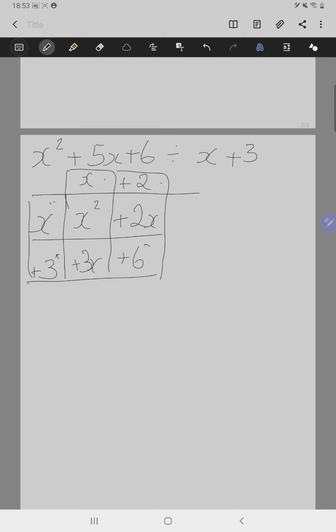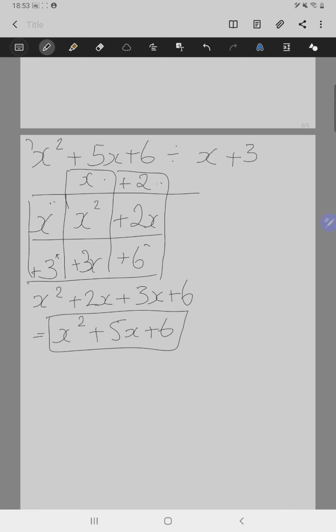And just to check, x squared plus 2x plus 3x plus 6, when we simplify it, gives us x squared plus 5x plus 6, which is the same as what we started with. So that means our answer here of x plus 2 is correct.